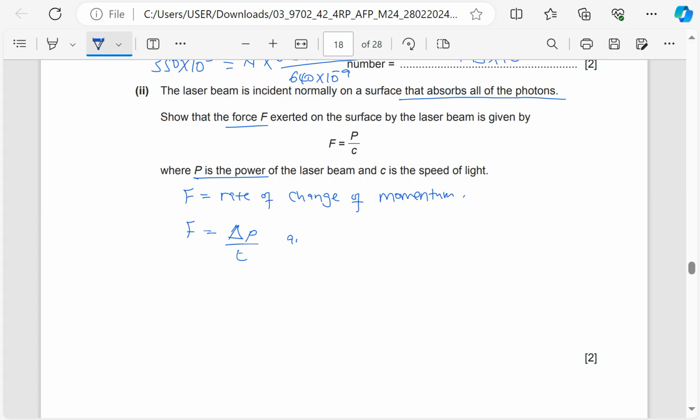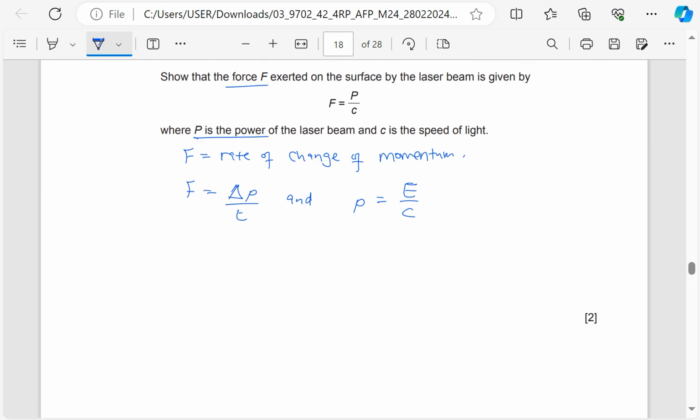But we also know that the momentum small p is equal to energy divided by c. So the force is going to be equal to E divided by t times c.